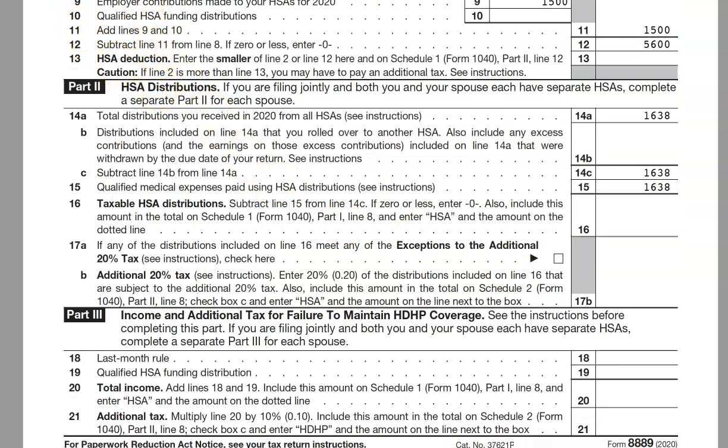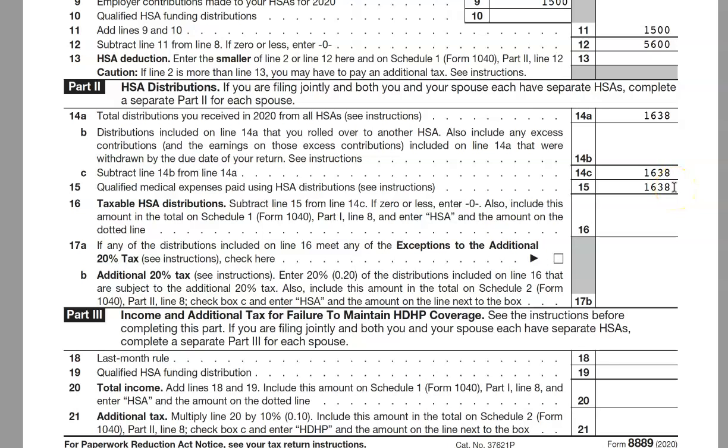So let's take a look at the distribution. The taxpayer took $1,638 out of the HSA. So a little bit of a decrease because $1,500 went in, a decrease in the balance, although it could have had some earnings. $1,500 went in, $1,638 came out, and the distributions that were for qualifying medical expenses are $1,638.